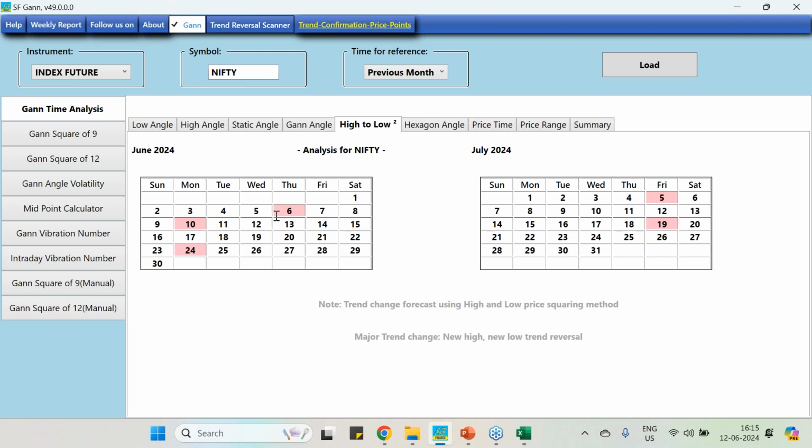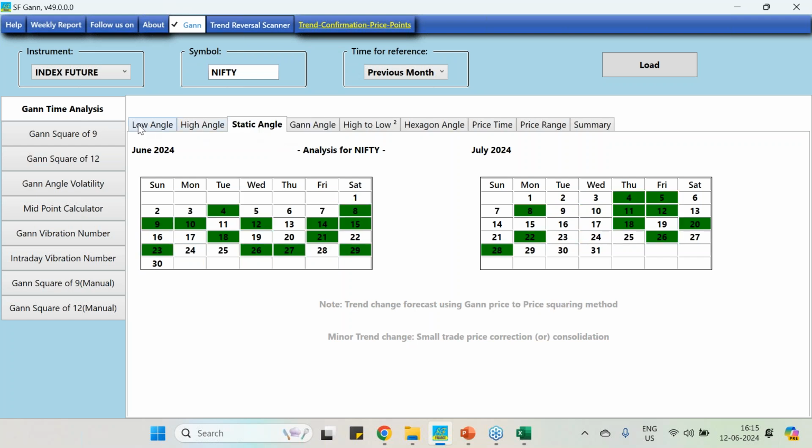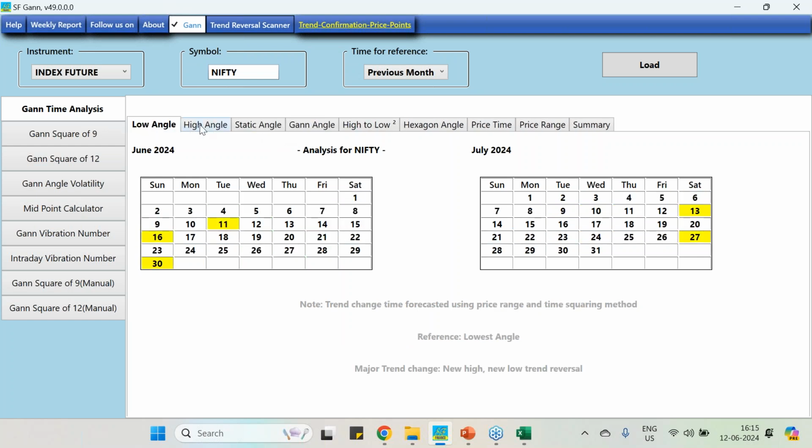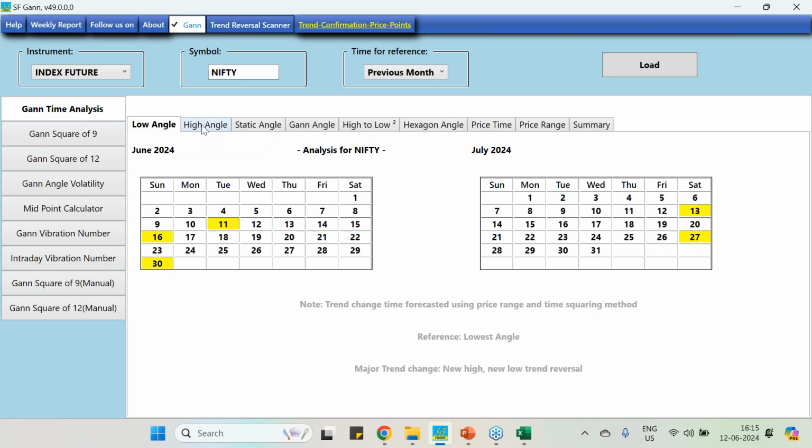Then the high-low method has already given 6, 10, 24. Some data is already past, so these are the minor trend change dates. As per Gann angle, high-low methods also tell such specific things. These two methods and hexagon are more accurate compared to other methods. Hexagon and high angle and low angle methods are more popular and more accurate.